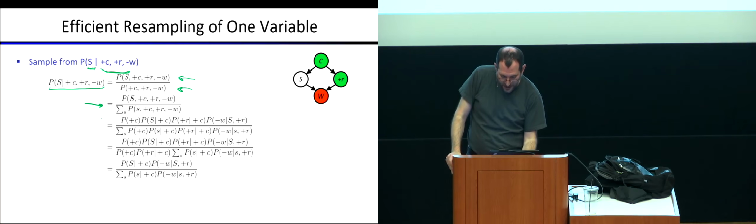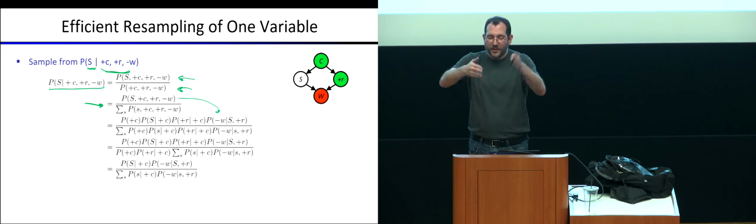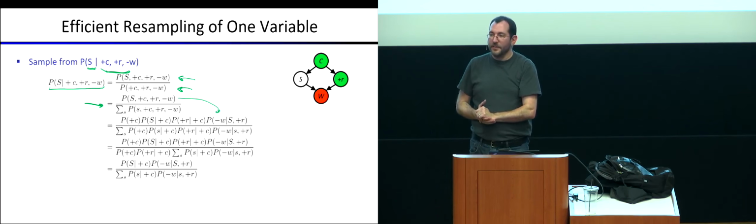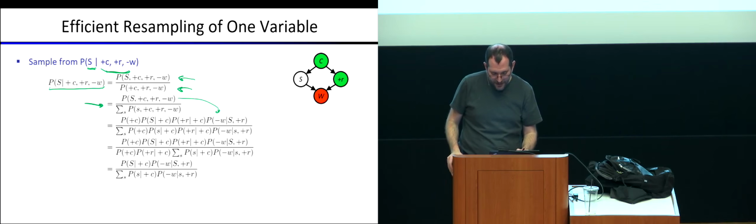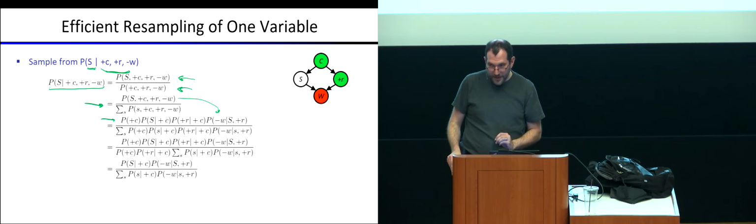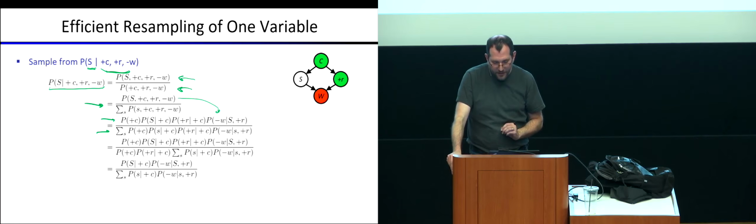So if you expand that out, from here to here, P of S, C, R, W is a product of local conditional probabilities, because that's the definition of a joint probability in a Bayes net. But then I look at this, and this numerator came from the Bayes net formula, and the denominator came from the Bayes net formula.